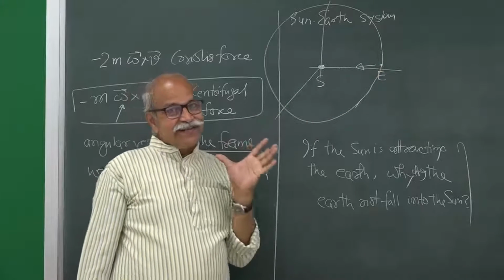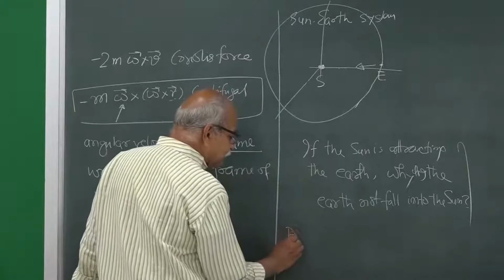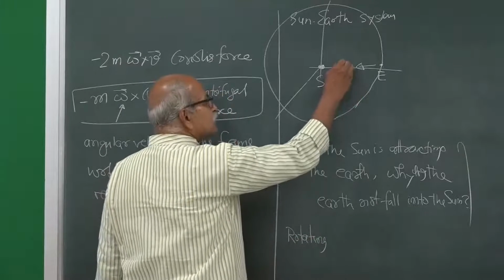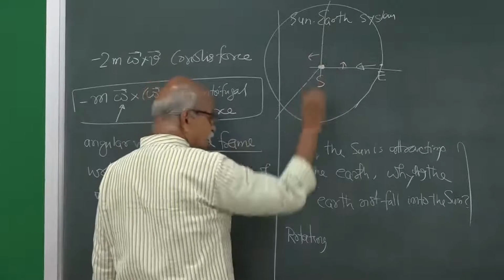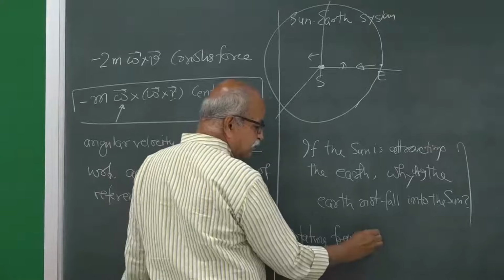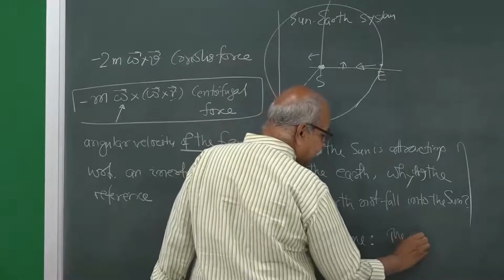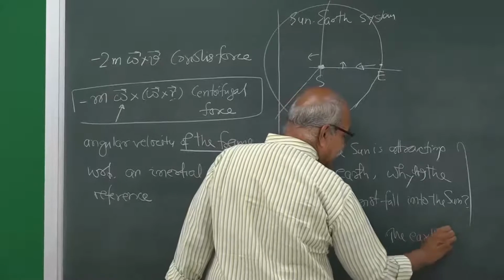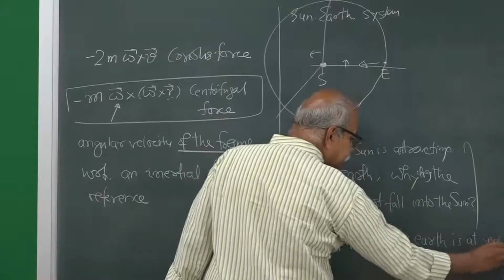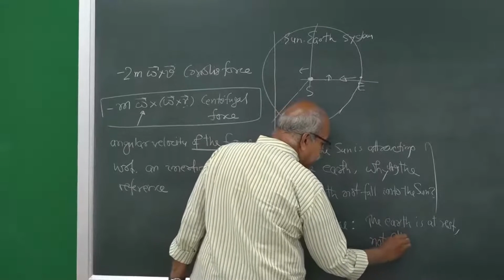That sentence I would like to emphasize. So, if you are using rotating frame, your grammar should be correct, and you say that the earth is at rest, not falling into the sun.